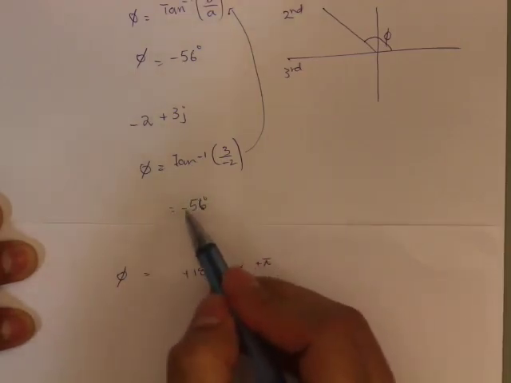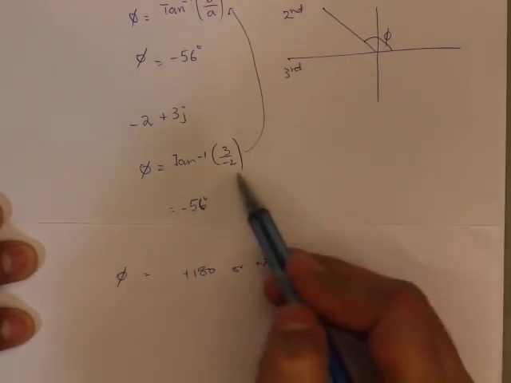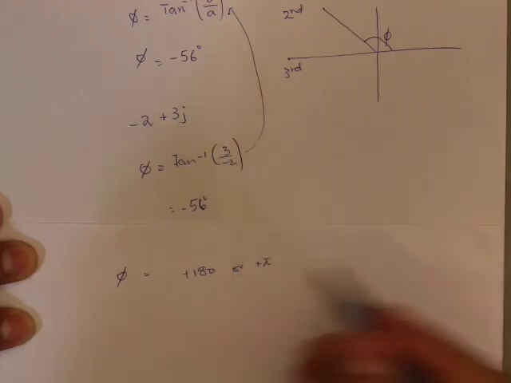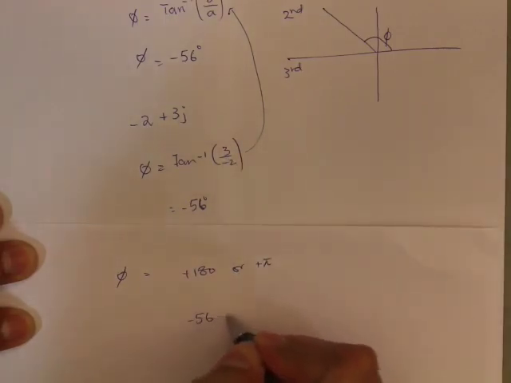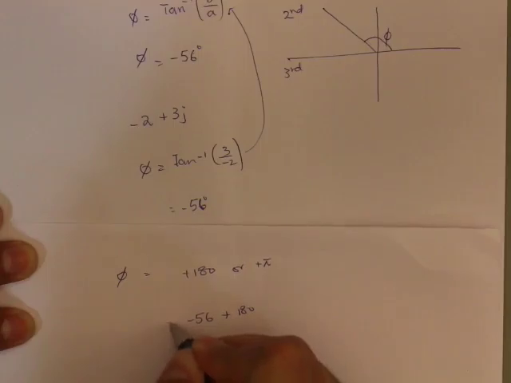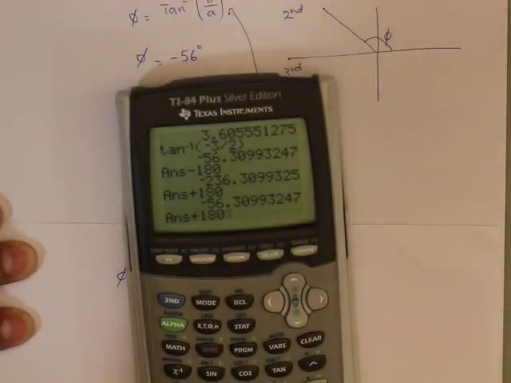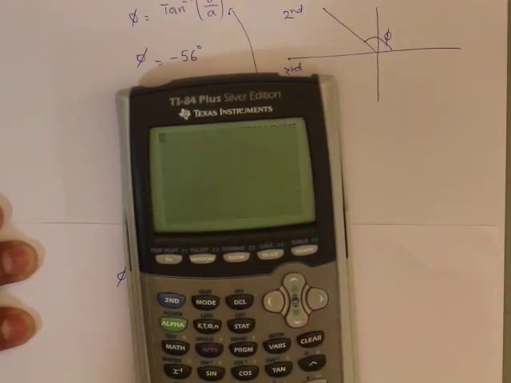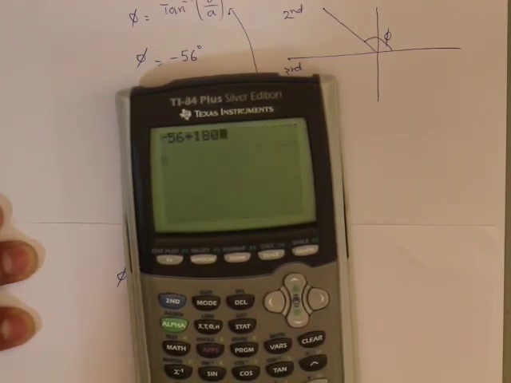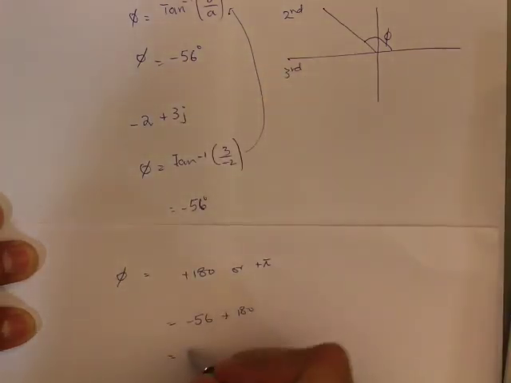For example, we got -56 degrees, but that is not the real angle, so it's going to be -56 degrees plus 180 degrees. -56 plus 180 is 124 degrees.